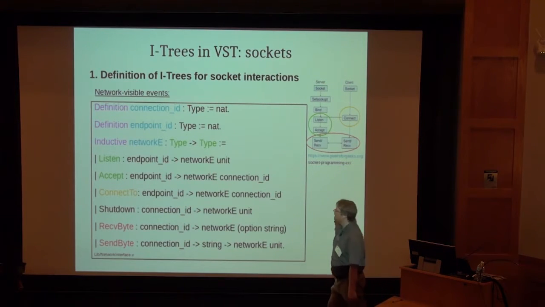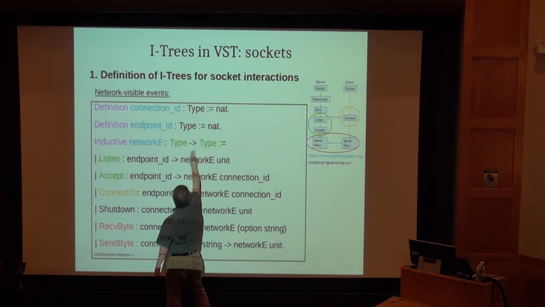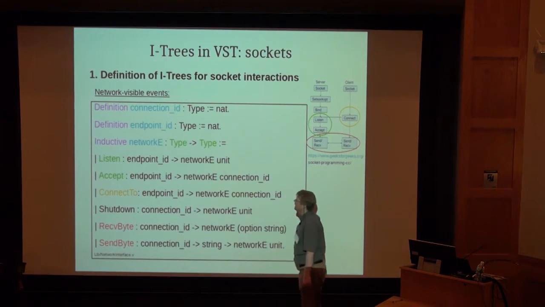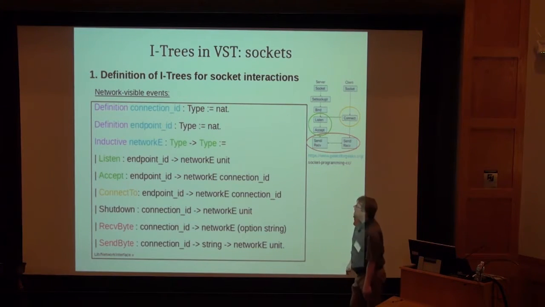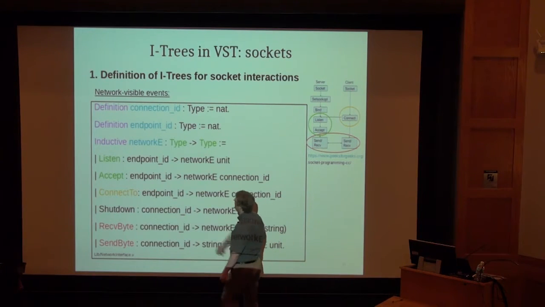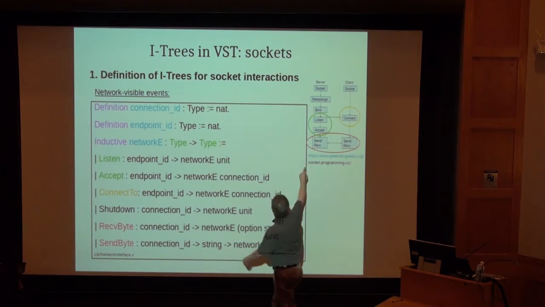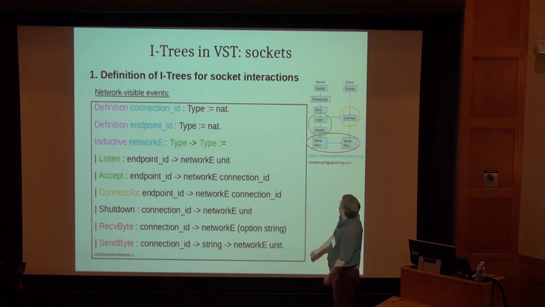So here is our type of events, again, of this Coq-level type-to-type function. It uses a couple of particular data types for representing endpoints and connections. And we have events for the typical operations that you see here from the protocol.